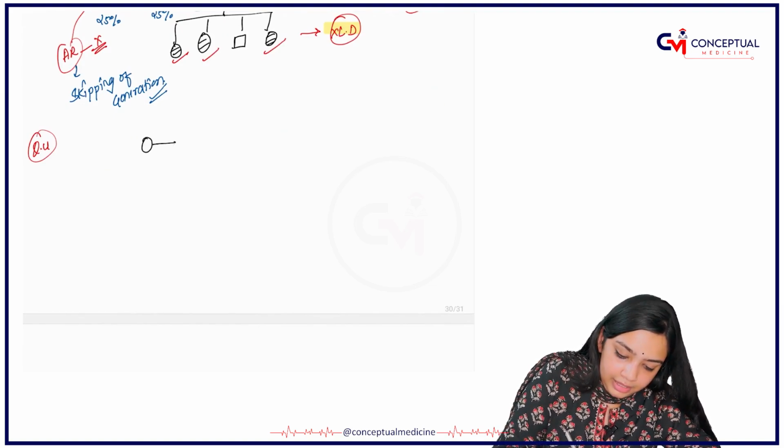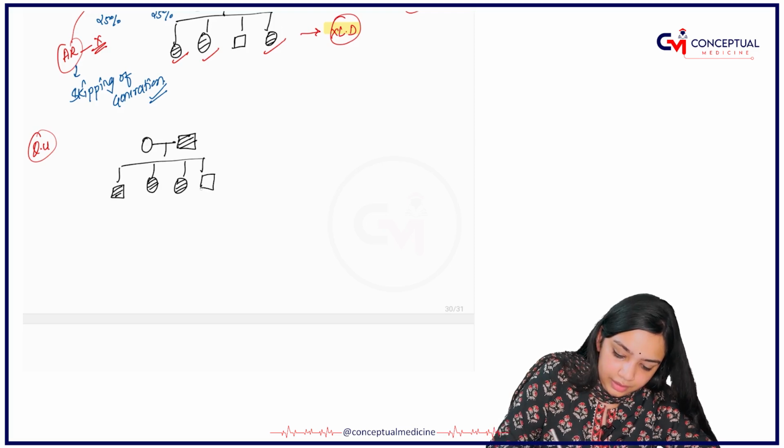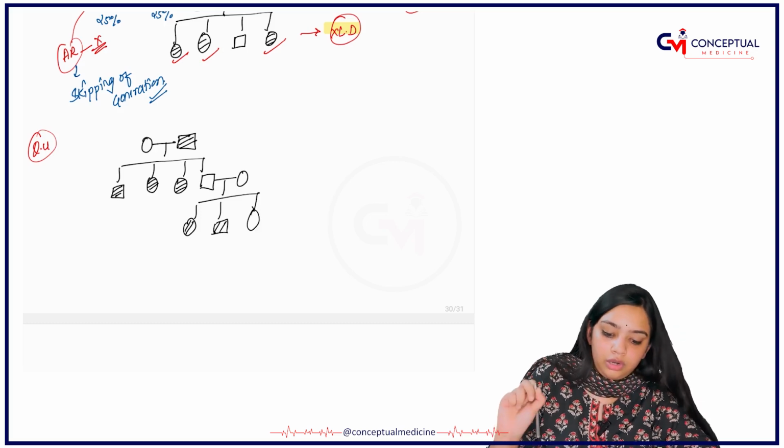You have a female, then you have a male. The male was affected. Then they had their offsprings, out of which almost everyone is affected. Then they had their marriage: affected, affected, not affected.